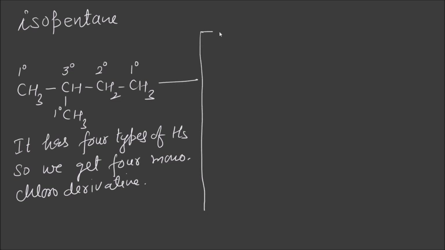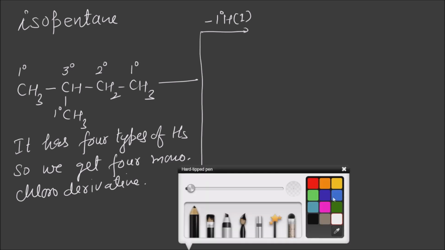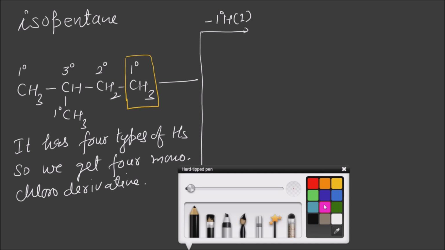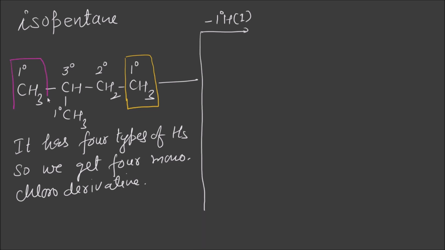So there are 2 primary hydrogens. See, this primary is attached to a secondary, but these 2 primary are attached to a tertiary.